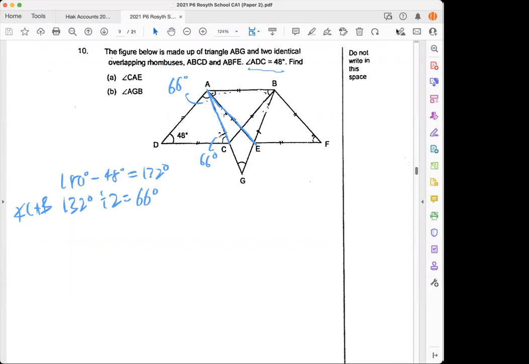ADC is 48. So if this is 48, this will also be 48 because they are identical rhombuses, right?